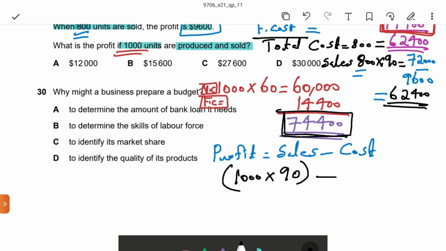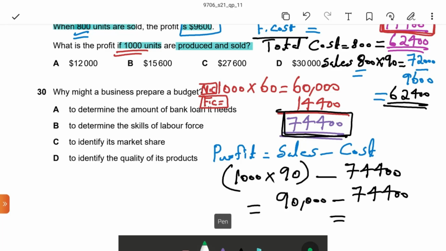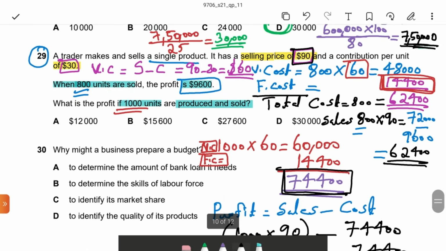Cost is already calculated, 74,400. 90,000 minus 74,400 is equal to, what is the answer? 15,600. So for question 29, the correct answer is 15,600. Option B is the correct answer.